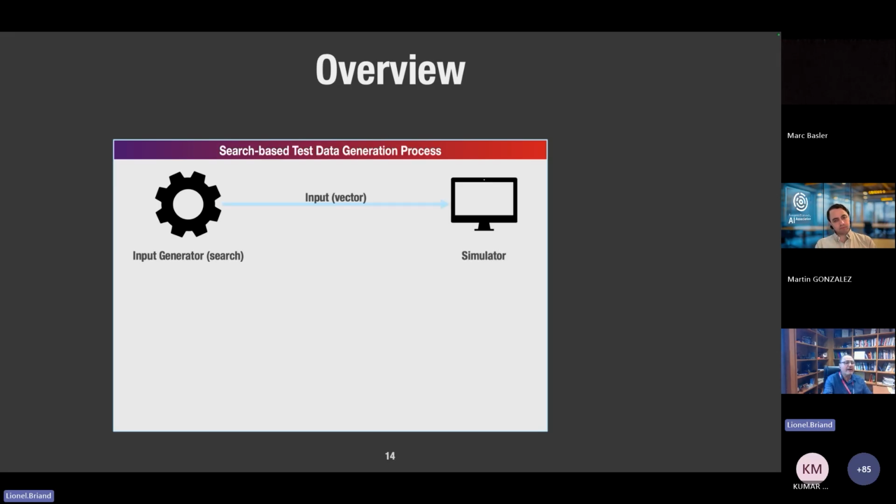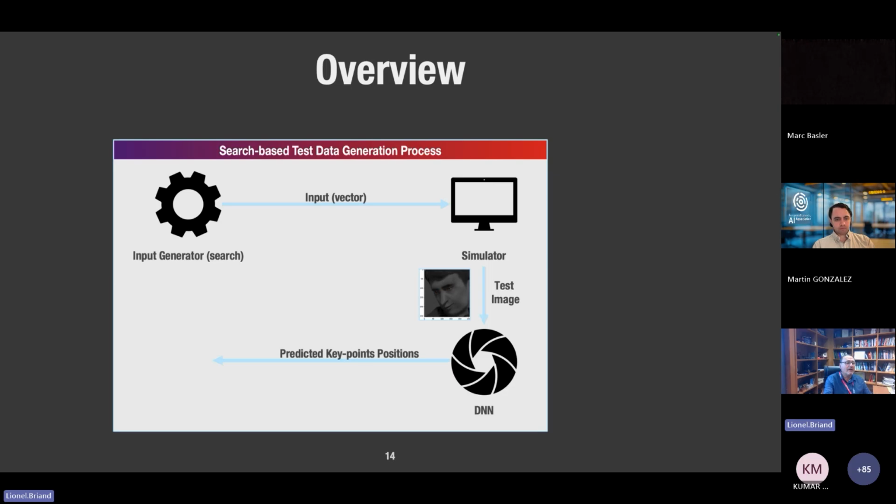You generate an input to the simulator that generates a test image. That test image is fed to the DNN that predicts key points. A fitness computation for each key point is computed based on the difference between the actual key points and the predicted ones, and then fed back to the search algorithm.